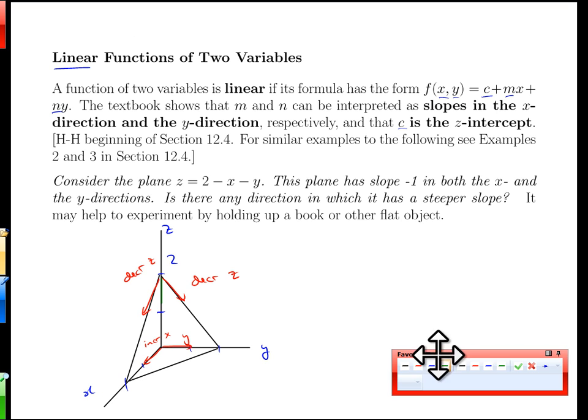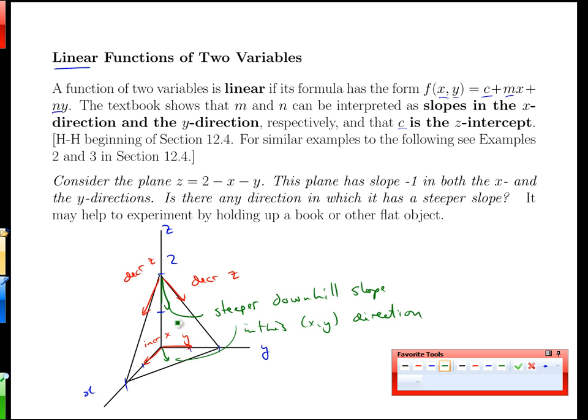The other thing that we could do is not go along the x or y axes, but sort of walk out this way. As we're going to see soon, it's a steeper downhill slope in this direction, and notice that the direction is on the xy plane.